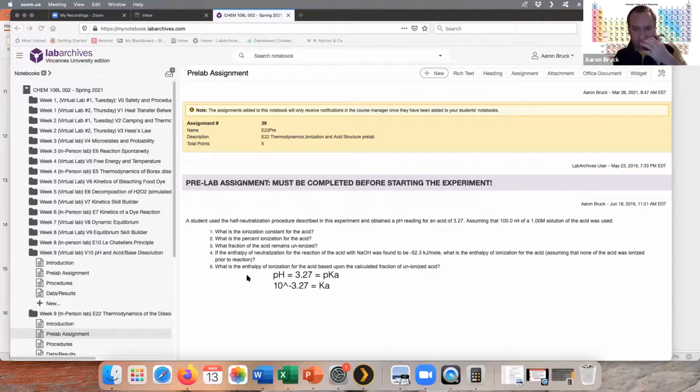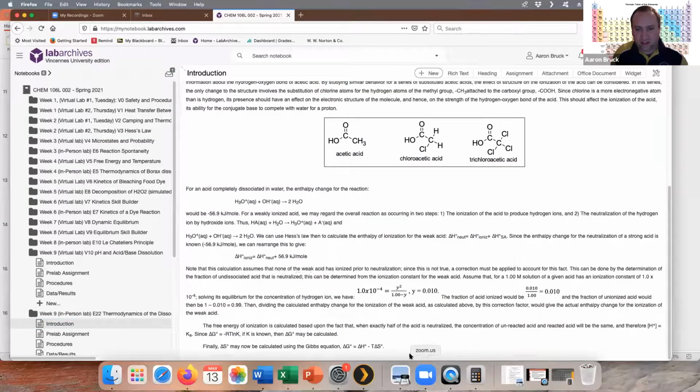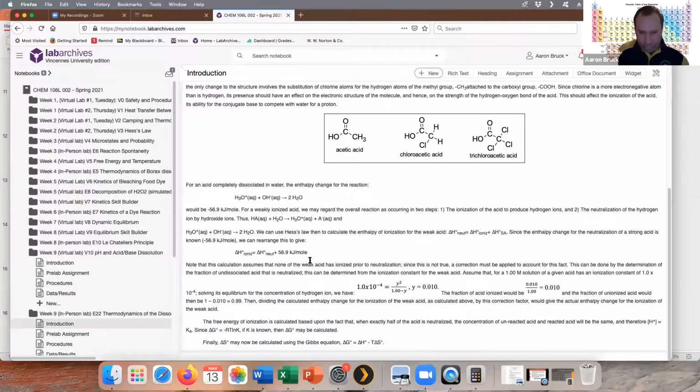For number 4 and number 5, you need to go back to the introduction section here, because we need to figure out what the enthalpy of ionization is based upon the enthalpy of neutralization. The equations for that are here in the preliminary discussion. So the enthalpy of ionization is equal to the neutralization plus 56.9 kilojoules per mole.